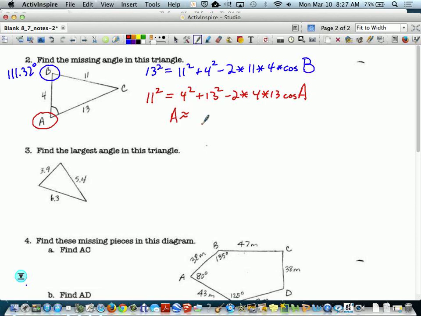And A is approximately what? 52 point. So then to find angle C, you can do 180 minus those two added up, right? And then you've solved that particular triangle.